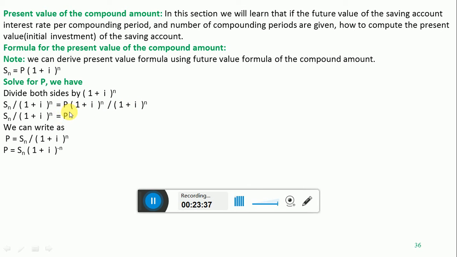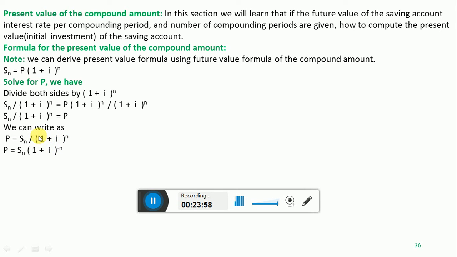So P is alone now. Sn divided by (1 plus i)^n is equal to P. We can write P is equal to Sn divided by (1 plus i)^n.